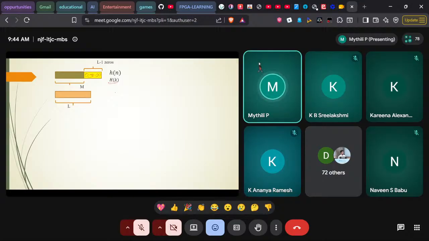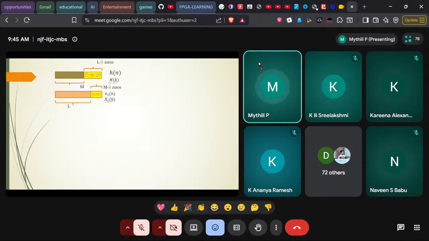Let's take the first block. The first block is of length L. How many zeros will you pad here? M minus 1 zeros. These are all zeros. The number of zeros will be m minus 1. Simultaneously, we can show these as different blocks, and this is the corresponding DFT of that block.